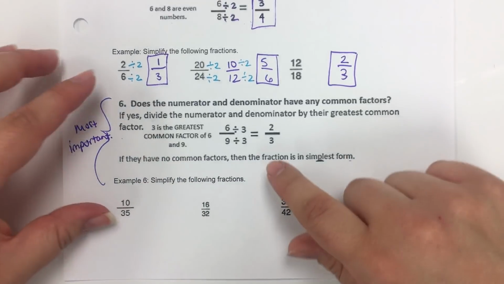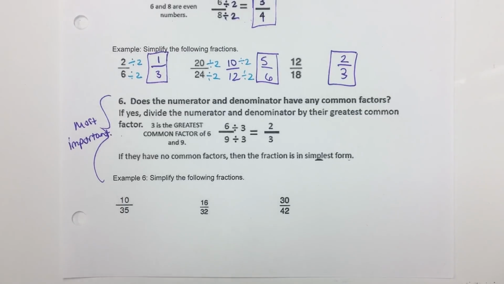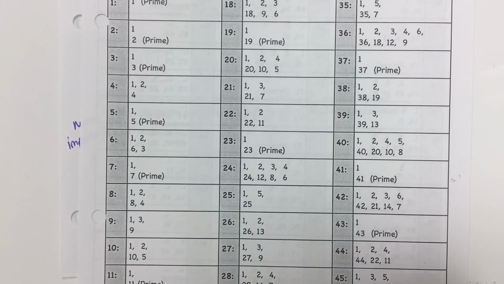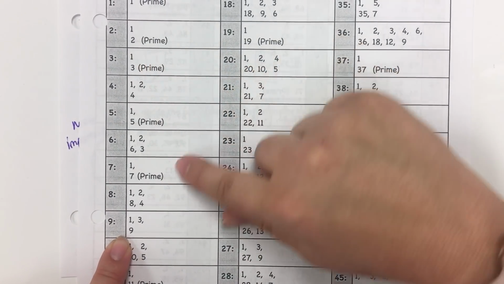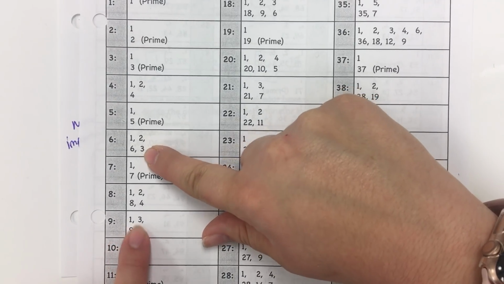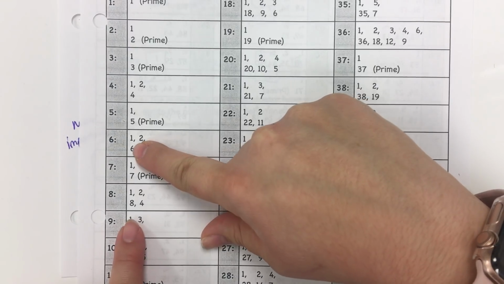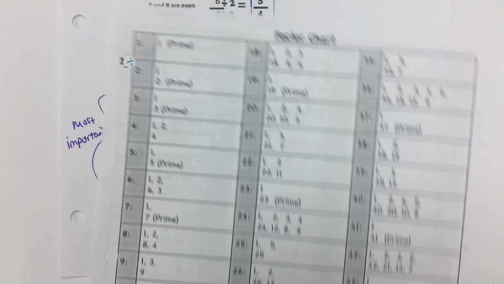So if we look here at this example, we've got 6/9. And we look at our factor chart, which you should all be able to have in front of you and use. We see that we actually have a common factor of 3. Do you see that? Well, we've got a common factor of 1 and 3, but the greatest of the common factors is 3.